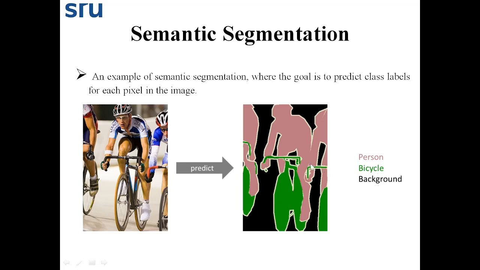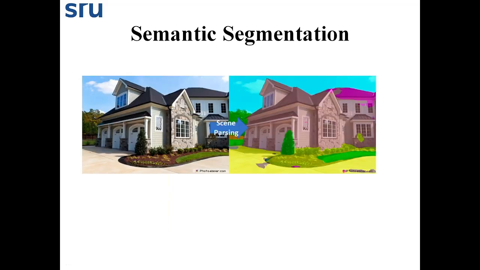This is called semantic segmentation. Here you see this bicycle is given a different color, say green, and this person is given some different color, and this background is given some different color. Again, this is an example of semantic segmentation.